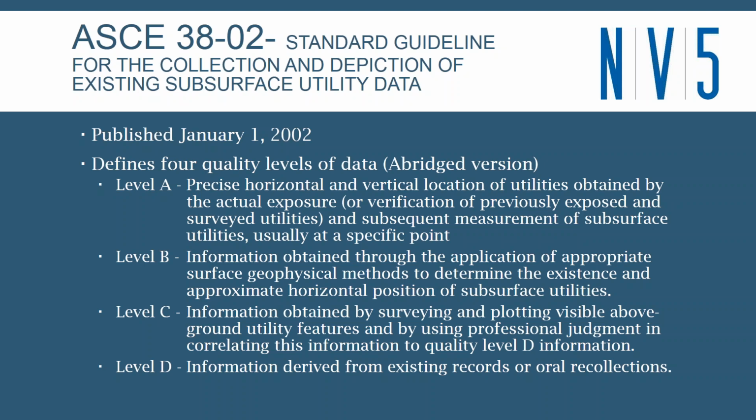Okay, so if you're designing a feature, a pipeline, a water line, a sewer line, an electrical line, generally what's the information that you have for your utilities? And I concentrate a lot on the utilities, okay? The other thing is north arrow.